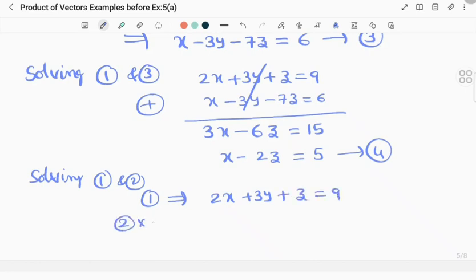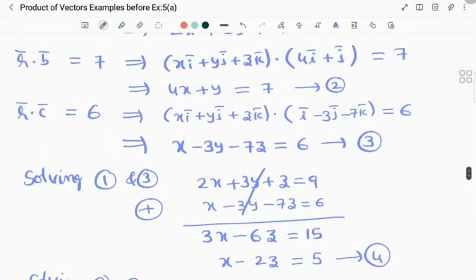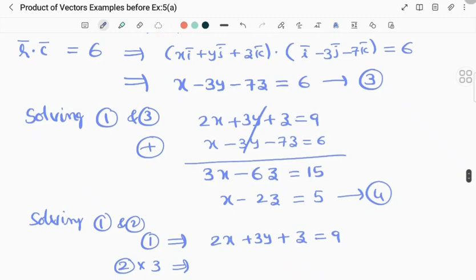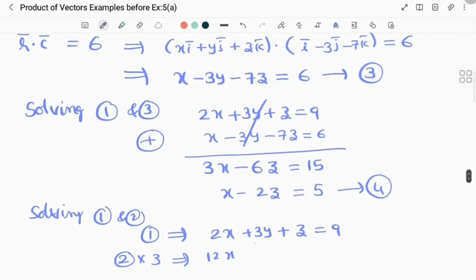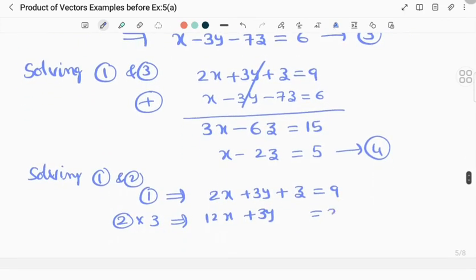Equation 2 multiplying by 3, so you will get 3 4s are 12x, next plus 3y, there is no z term here, so 3 into 7, 21.